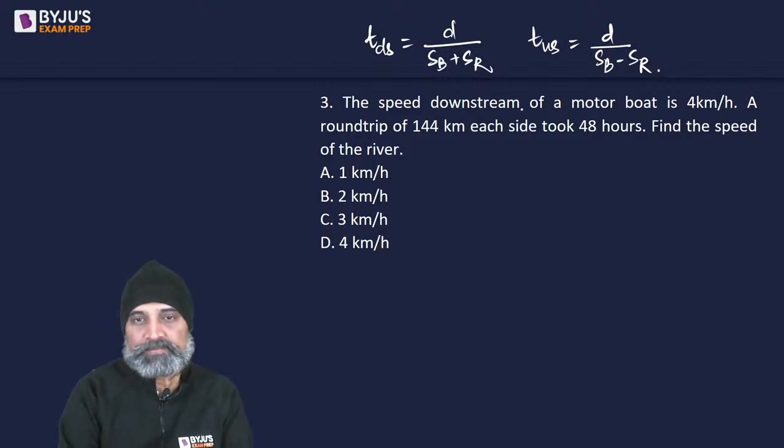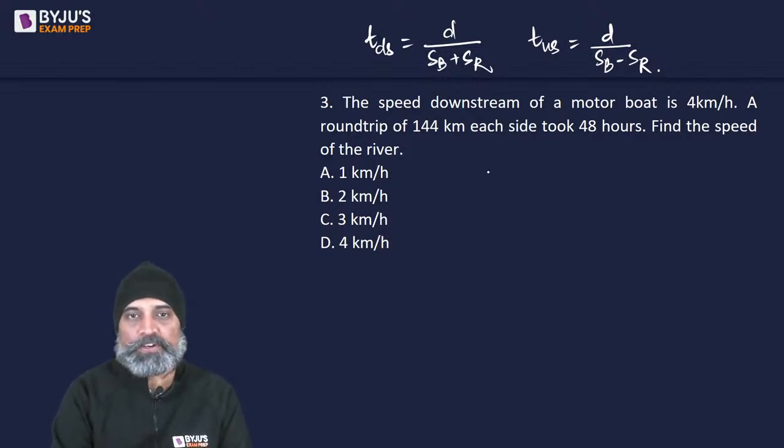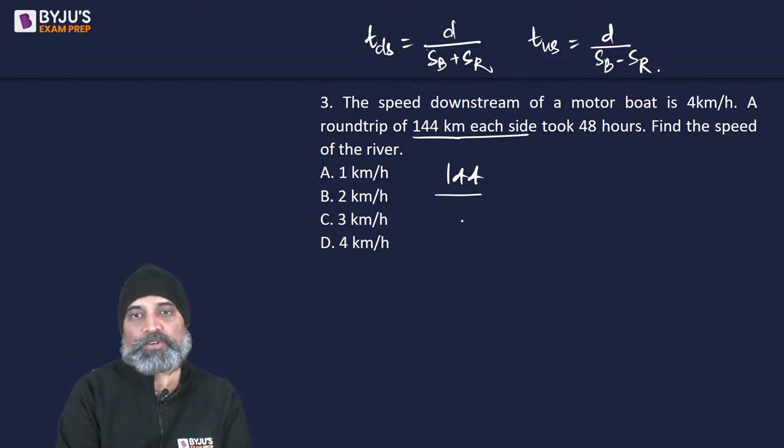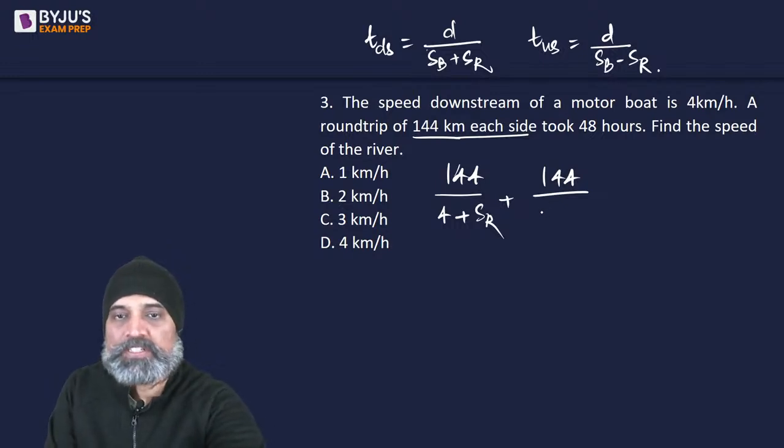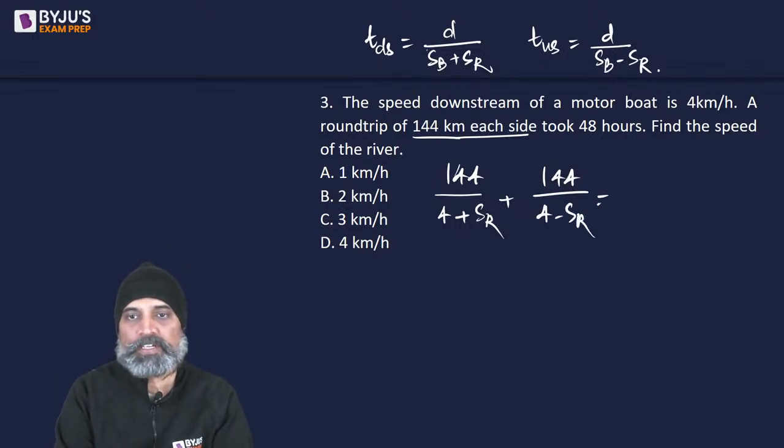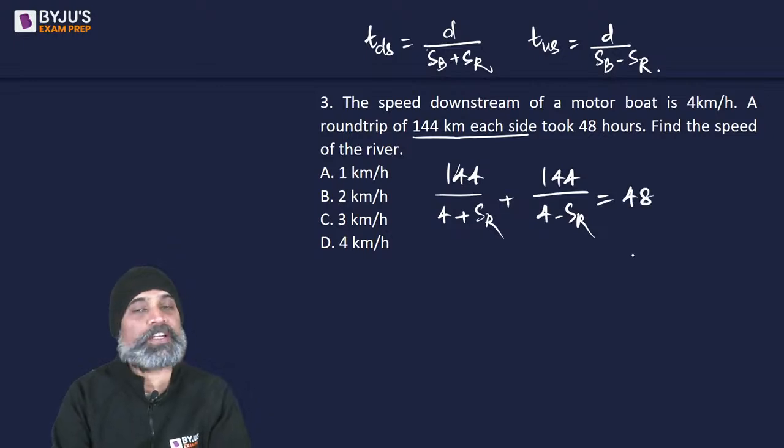So if you put it in this formula, it says round trip of 144 kilometers each side. So 144 kilometers downstream, divided by speed of boat plus speed of river, and then 144 divided by speed of boat, which is 4, minus speed of river, and this total time is given as 48 hours.